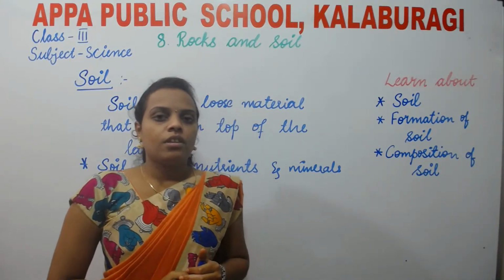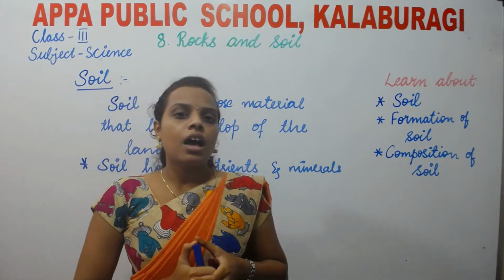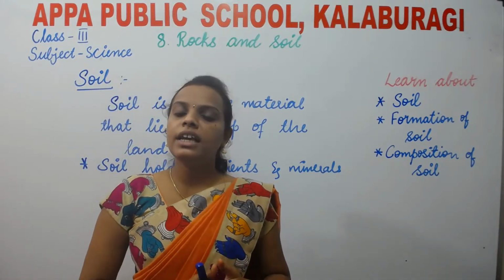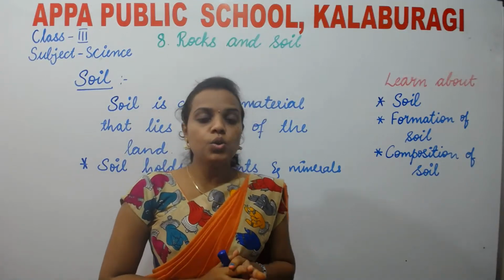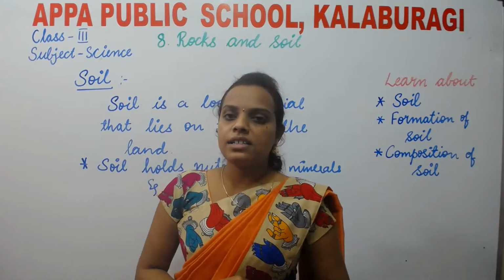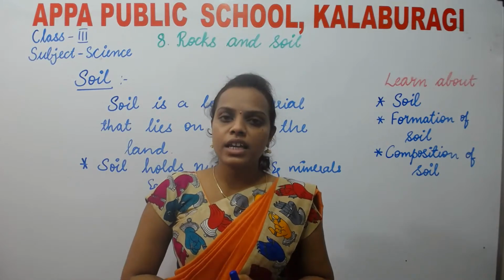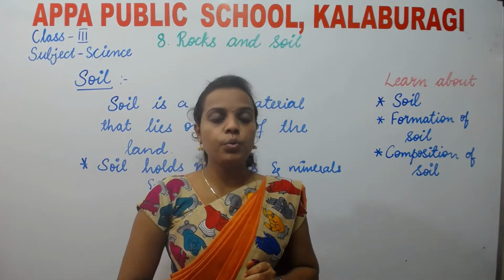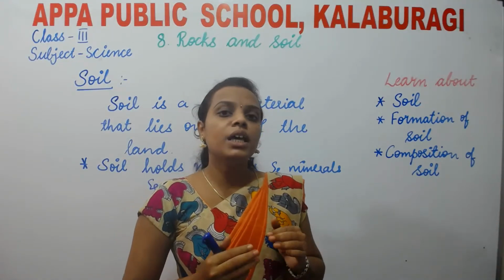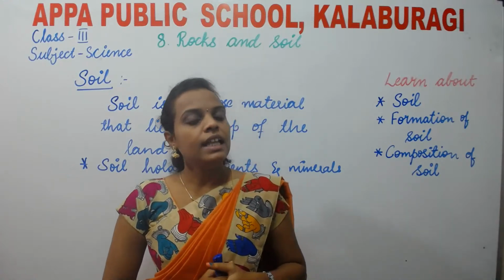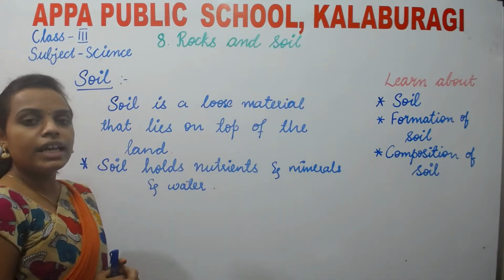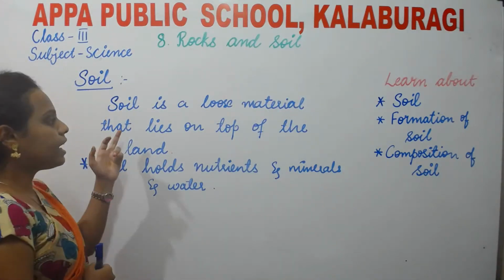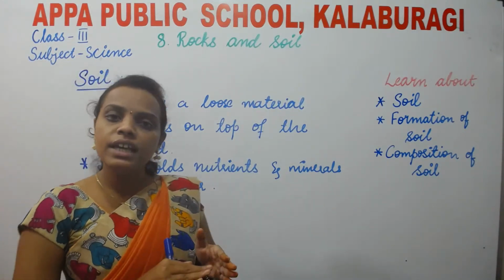And soil is also important for all the living things. It is used to grow the plants. Hence, without soil there is no life. So what is soil? Soil is a loose material that lies on top of the land.